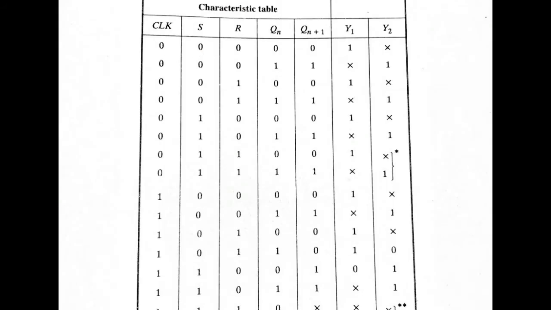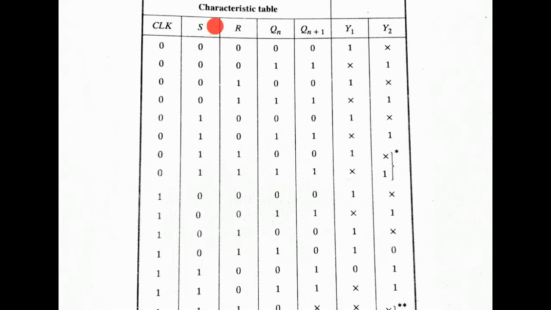Here we consider 3 inputs: S, R and present state. According to this, there are 2 to the power 3 combinations, that is 8.